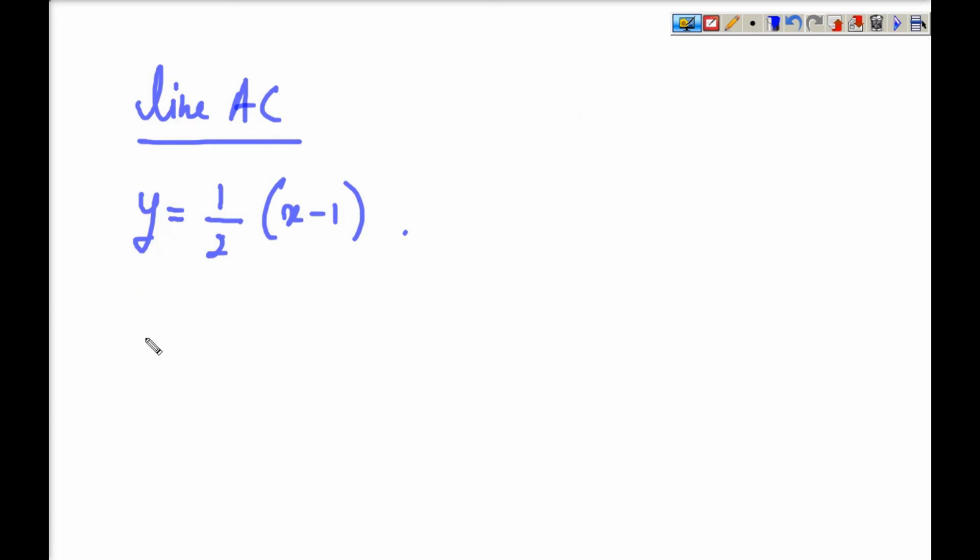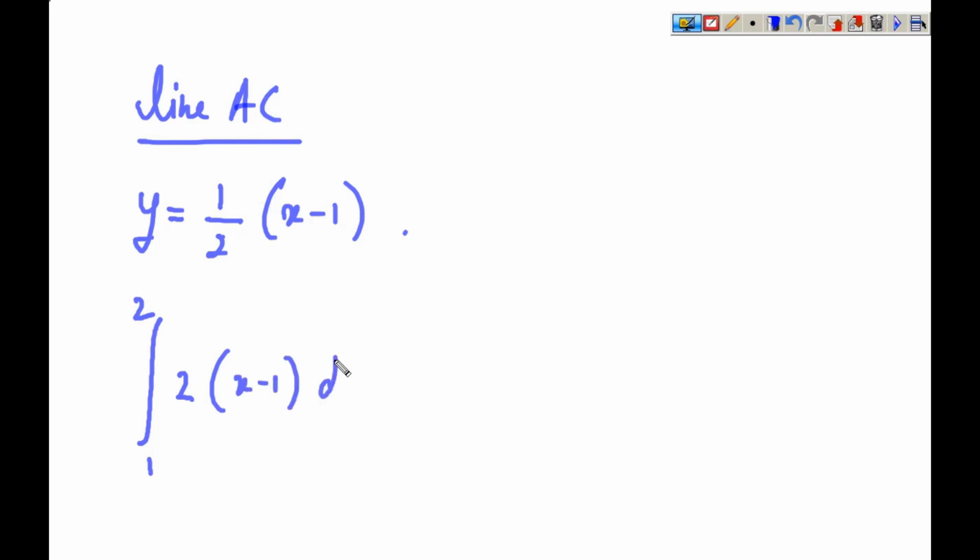Mathematically, first we need to find the area under AB, that will be written as the integral from 1 to 2, because x is from 1 to 2, and writing the equation in terms of x, we get 2 times x minus 1 dx. This is the area under AB.